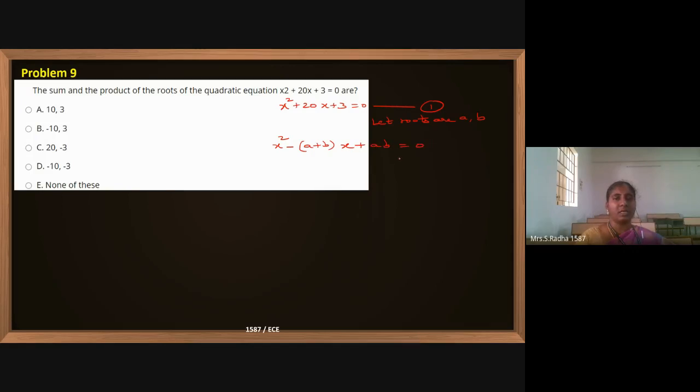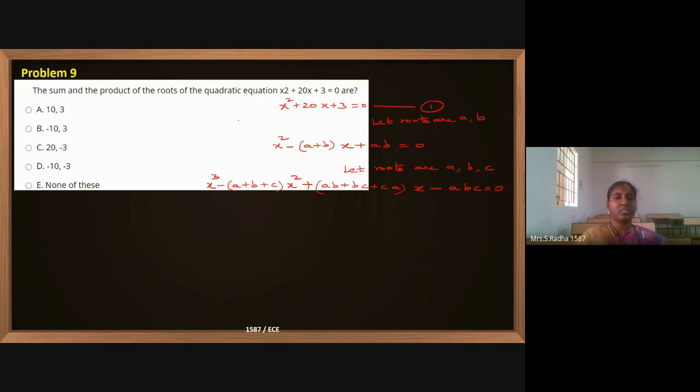This is when 2 roots are there. If 3 roots a, b, c are present, then the highest power of x will be 3. In that case, it is x cube minus sum of the roots into x square plus sum of the products of two roots, ab, bc, ca, into x, then again alternately plus and minus, product of the roots equal to 0.